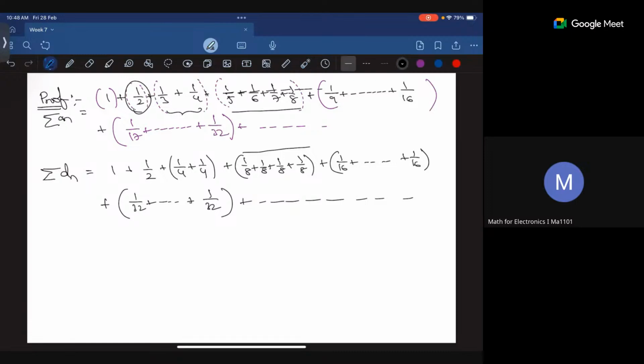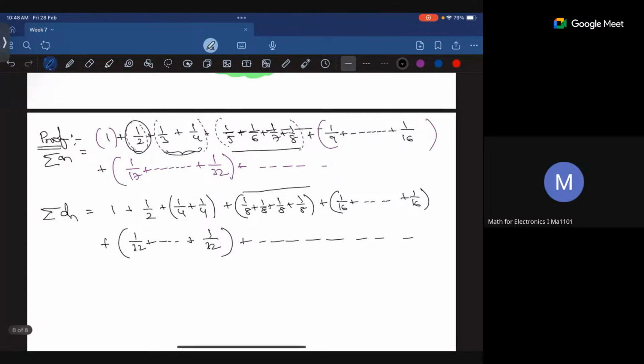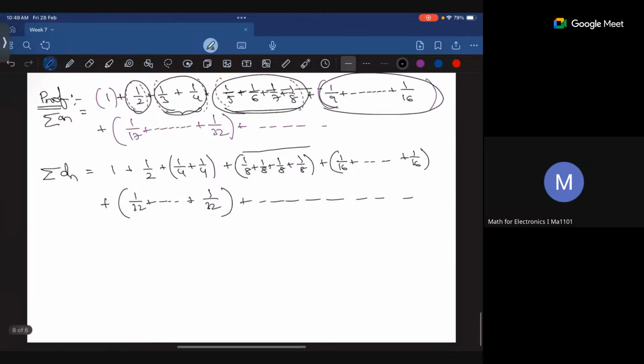So this combination, what will it give? This sum will be greater than half, this sum will be greater than half, this sum will be greater than half. So I can always have 2 to the power n terms clubbed together, and that sum will be greater than half. That is how we constructed this. And this d_n will look like this now: 1 plus half plus half plus half plus half plus. There will always be half adding to this series, and we know very well that this will not converge.